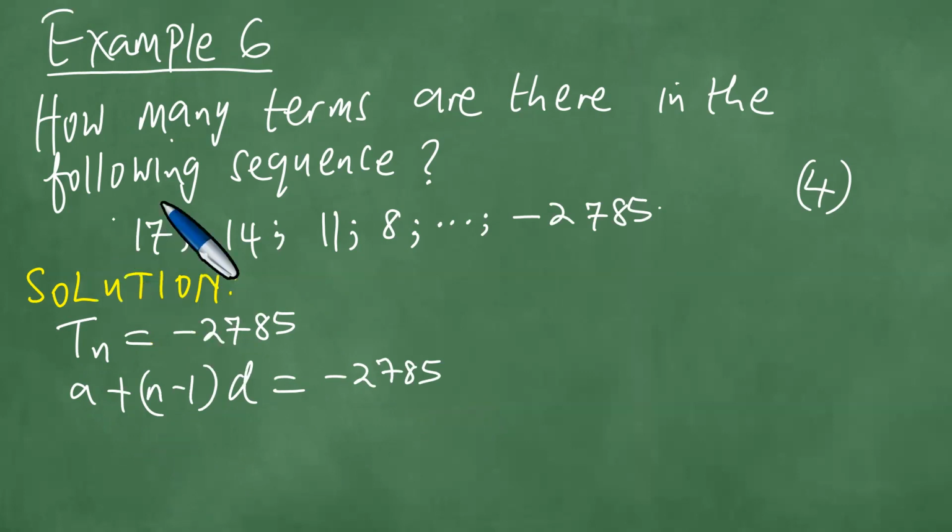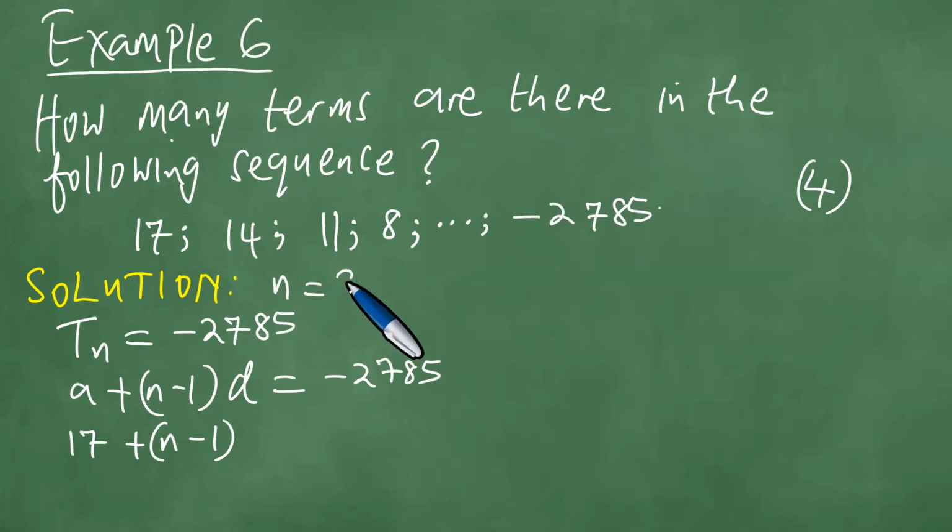What is the first term here? The first one is 17. Because the examiner says, how many terms are there? If they say how many, it means n is a question mark.